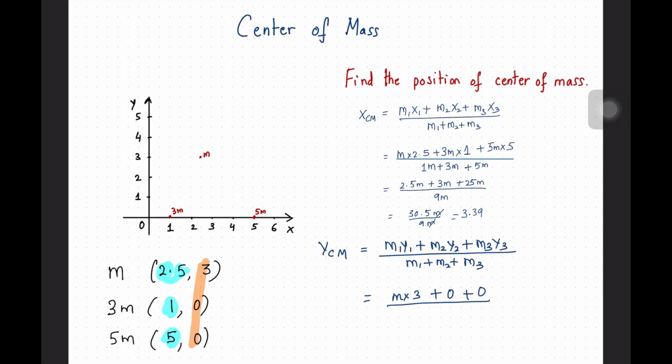Anything multiplied by 0 is 0. In the denominator, you will have all the masses, m plus 3m plus 5m. Then we get 3m over 9m, which simplifies to 1 over 3, which is 0.33. So we have got the coordinates for the position of center of mass, which is 3.39, 0.33.